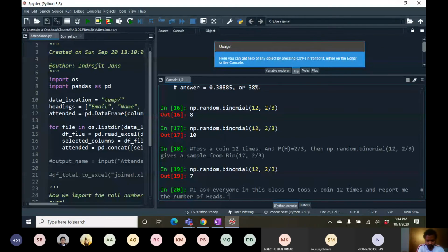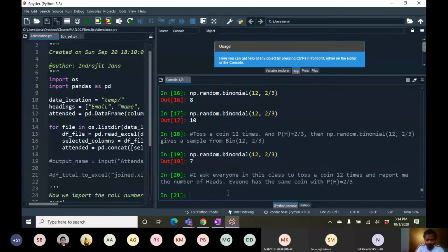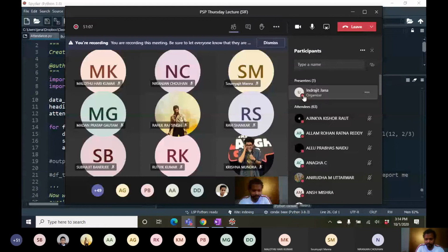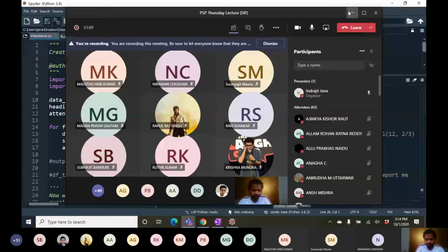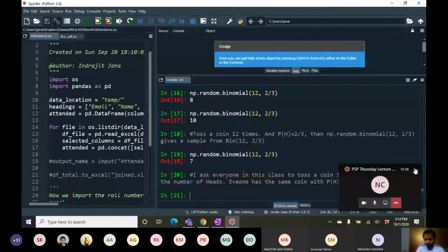And everyone has the same coin, or a similar coin. Probability of getting head is 2/3. So I give 63 coins to the 63 students in class, and I ask all of them to toss the coin 12 times.